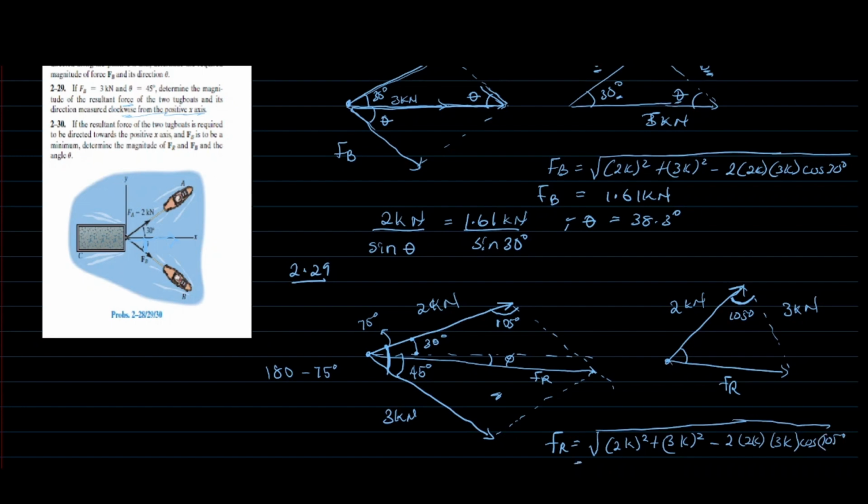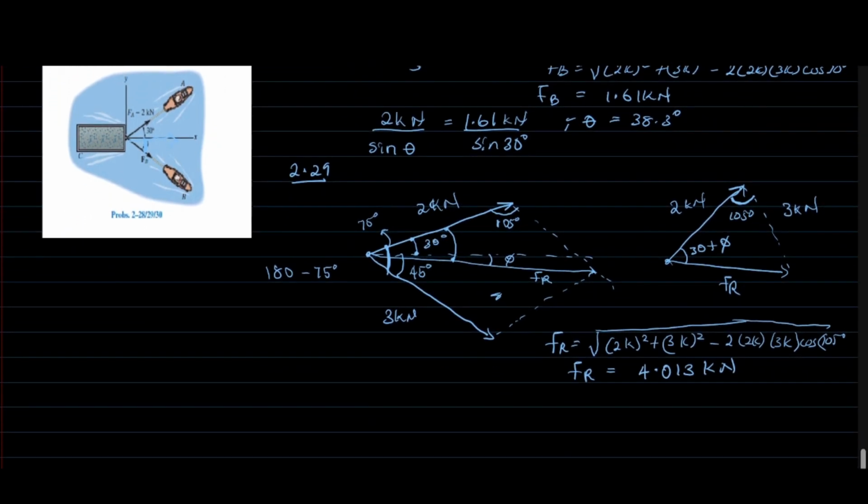If you punch it into your calculator, you get that FR is equal to 4.013 kilonewton. And for our angle, this point, which is from here to here, is 30 plus phi. I'm going to represent it using alpha.